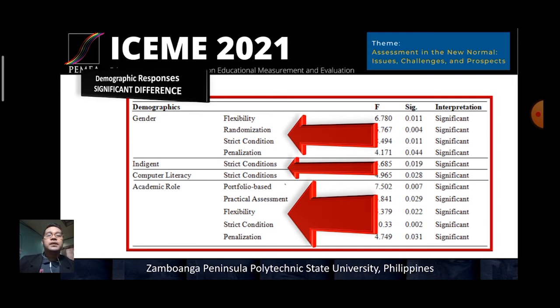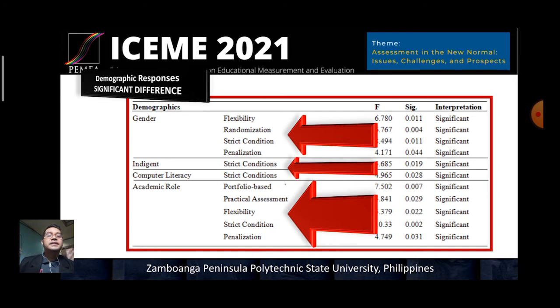In terms of practical assessment, maybe the students find it difficult as to the rules set by the teachers in the conduct of assessment. The same thing with flexibility. Maybe students feel that they need more flexibility on the part of the teachers when they conduct their assessments, as well as on strict condition. I think when you talk about strictness in guidelines, maybe that's a little bit more rigid and students may not be able to cope with it as others.